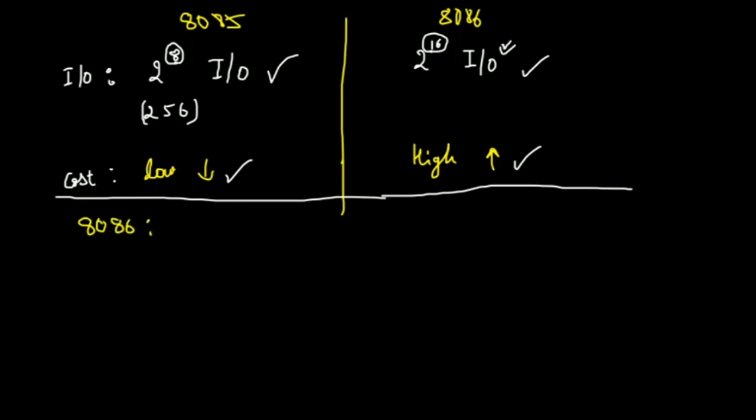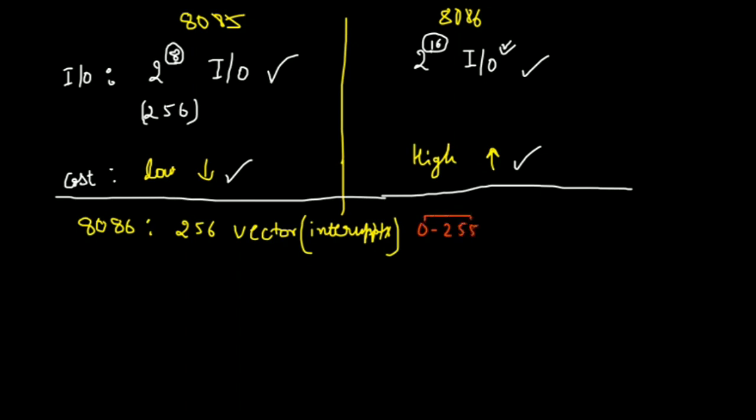It has 256 vector interrupts. Ignore the spelling slip there. So it has 256 vector interrupts. What does it mean? It has 0 to 255, which technically means 256.